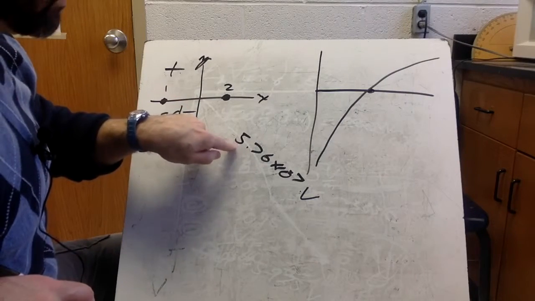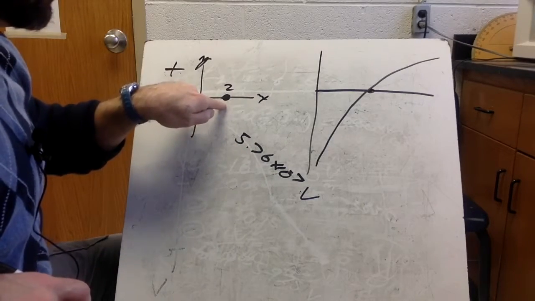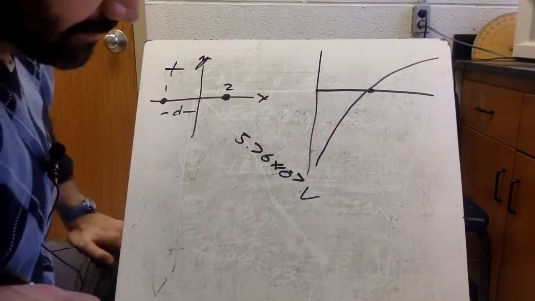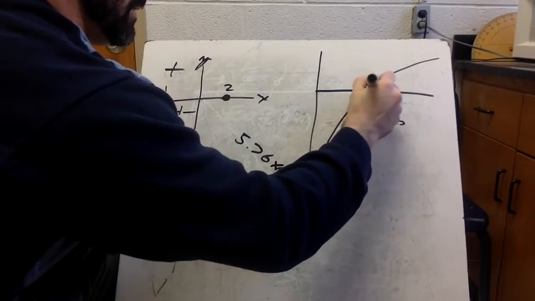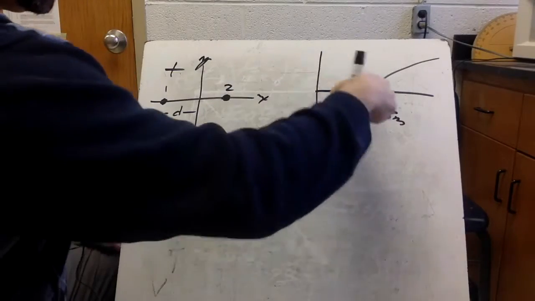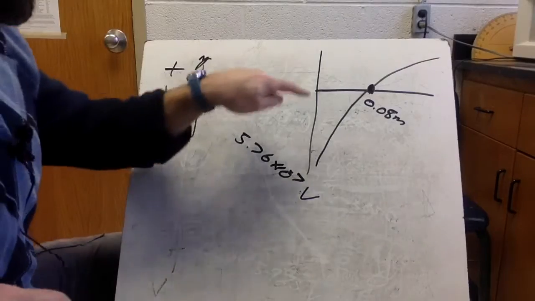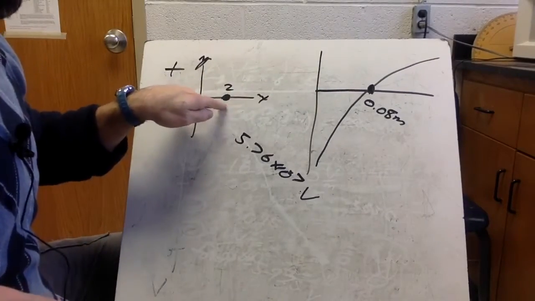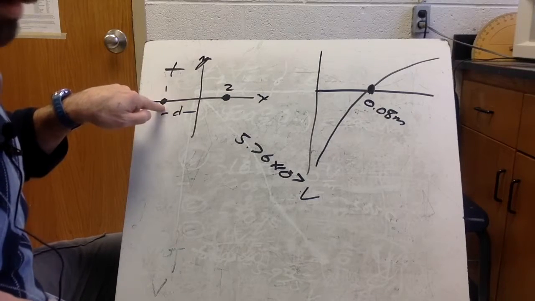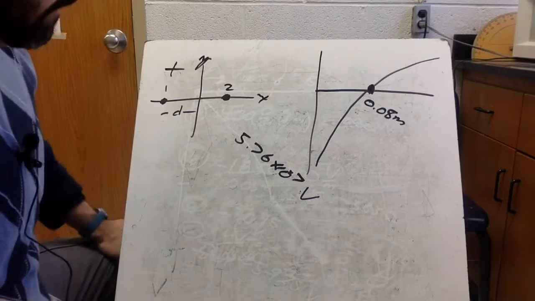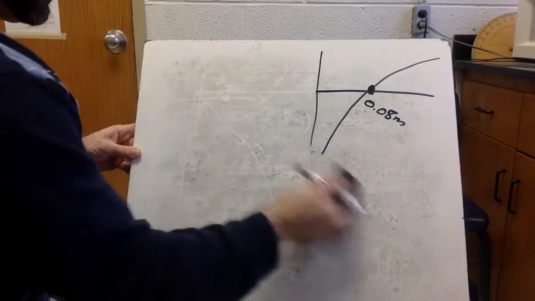So that means that this is the magnitude of the potential of this one when this is at 8 centimeters. Right? Because when this is at 8 centimeters, that's where this is 0. So that means that this is equal in magnitude when it's here to this one that's being caused from that distance there.